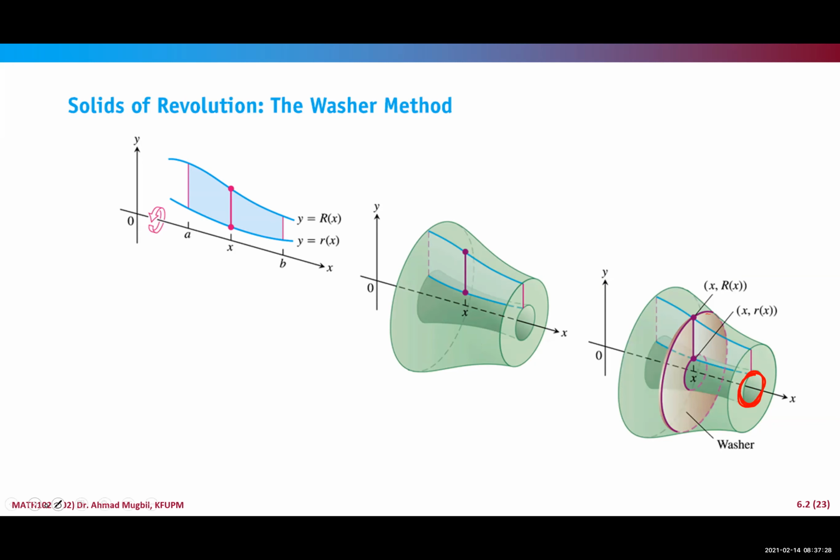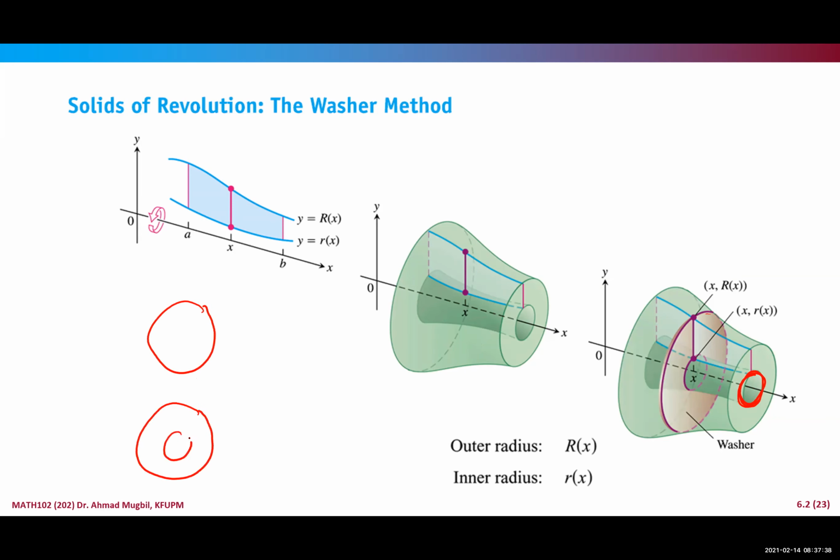Now, what you should notice here is that previously we had a disc like this. Now we will have a disc, but with a hole in the middle. So it is called a washer. Okay, it is just an annular ring.